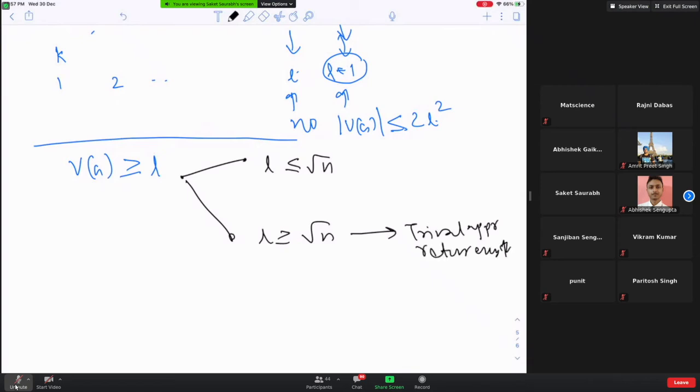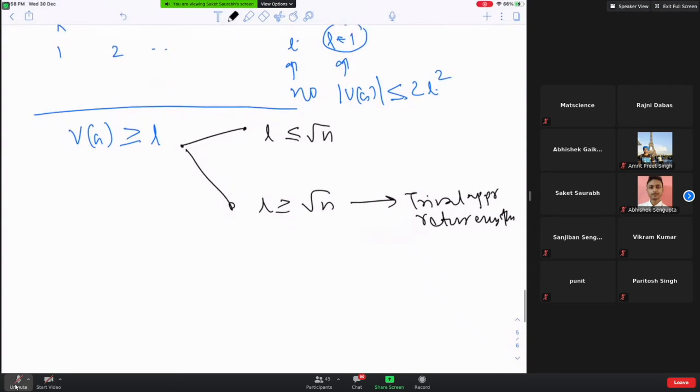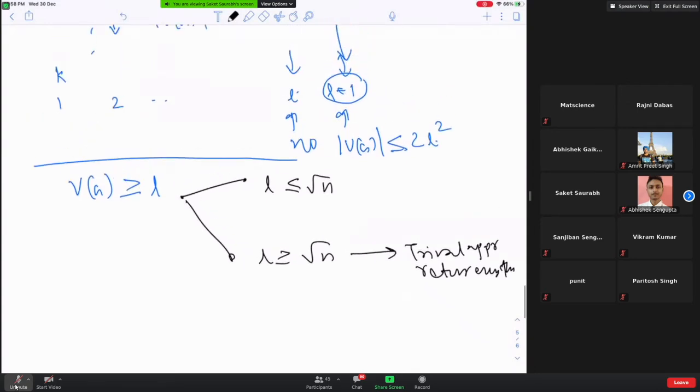Return everything. So this algorithm is always going to return everything. It just finds the first time it says yes, and it's just going to return everything outside.